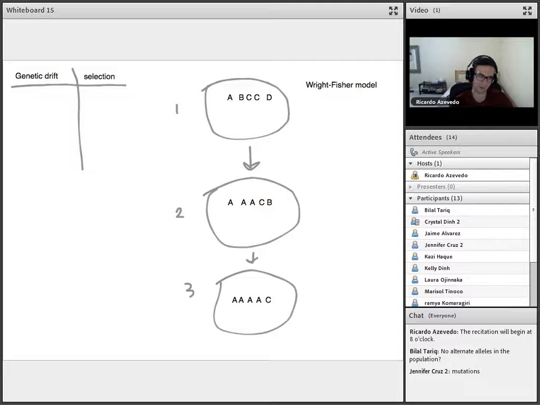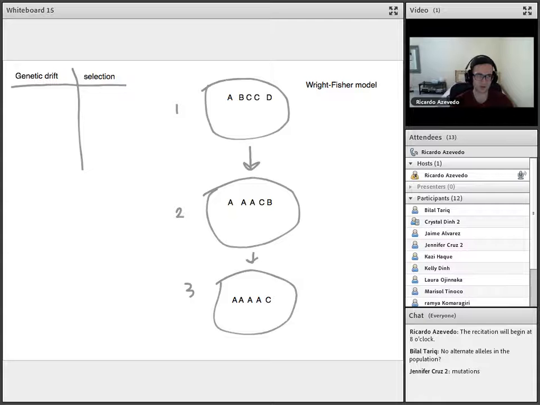Again, if we had fitness differences, the sampling process would have been a weighted sampling, where you would have picked according to fitness as well as frequency. So this is genetic drift.